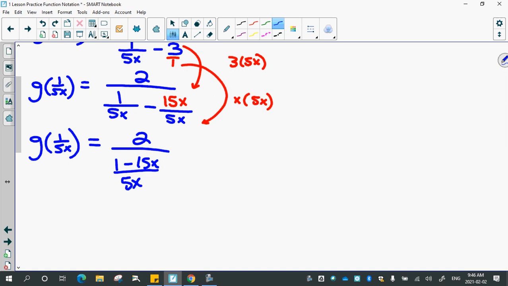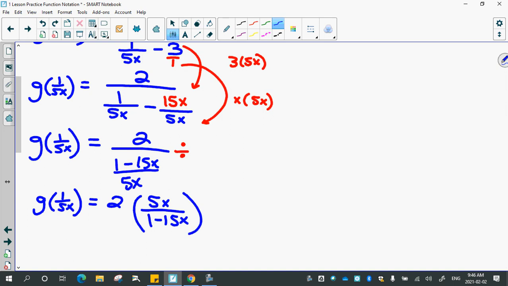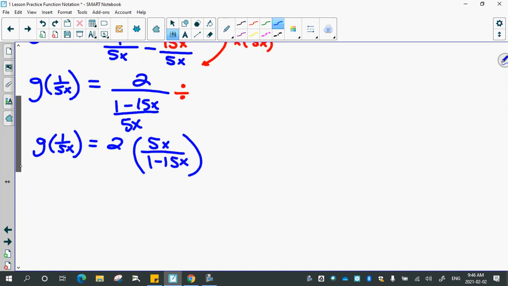Still got a 3-layer fraction, so the same rule is going to apply. I'm going to keep the first fraction the same, and it's just a 2, and then multiply by the reciprocal of the one in the bottom. So 2 divided by this is the same as 2 times it flipped upside down.